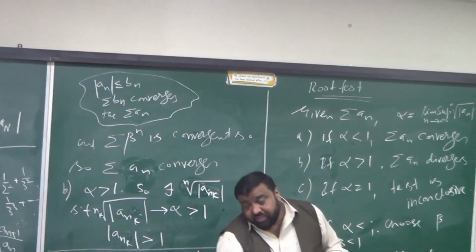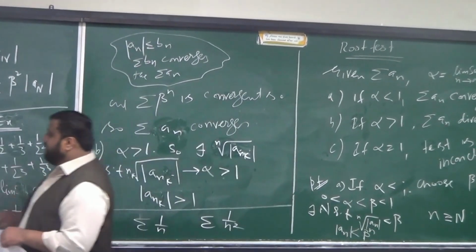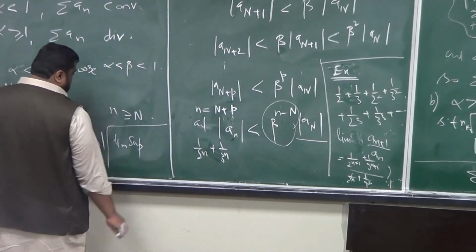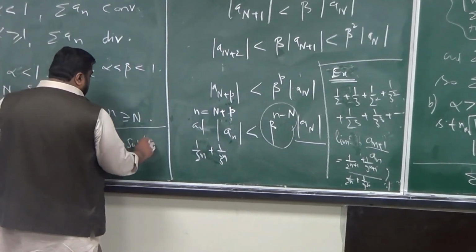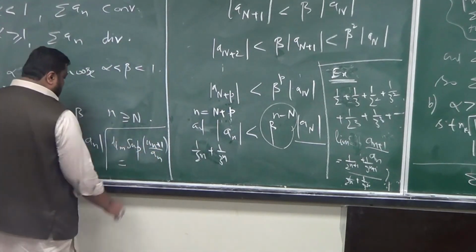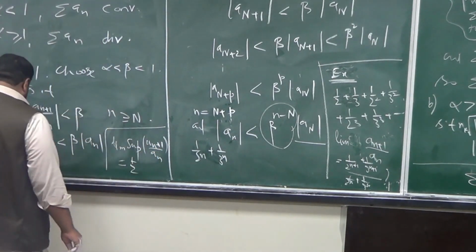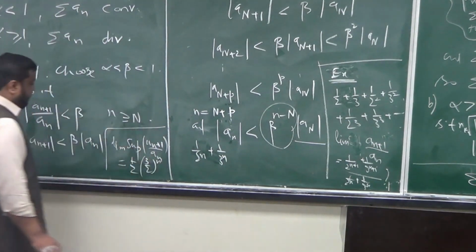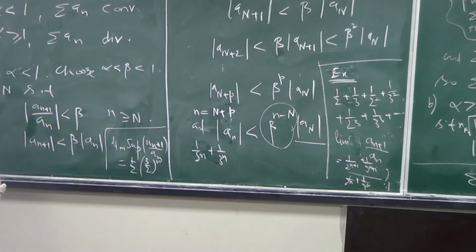If you want to compute, think about it. So why should this be the limsup? Say the limsup of a_(n+1) over a_n is equal to 1 over 2 times 3 over 2 raised to n, in other words 3 raised to n over 2 raised to n plus 1.